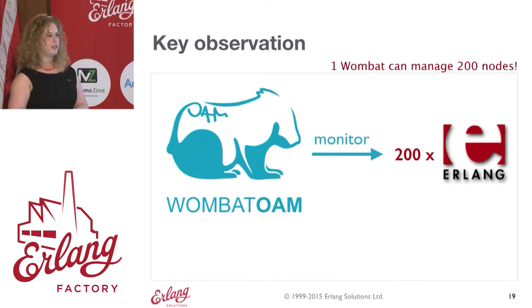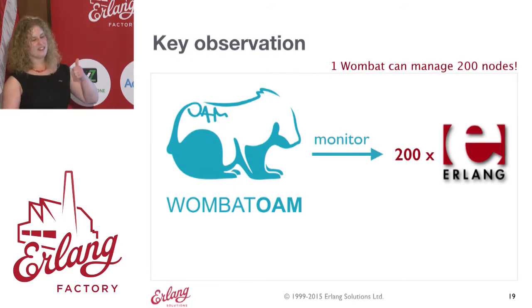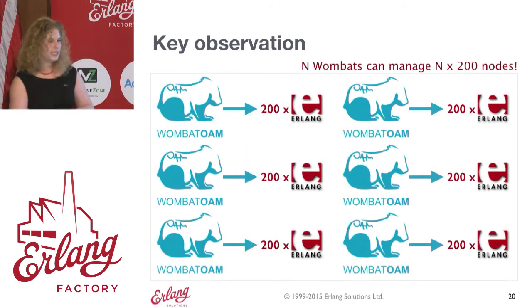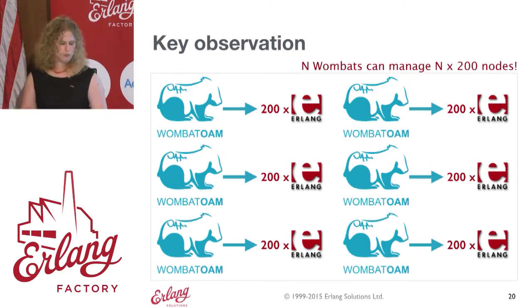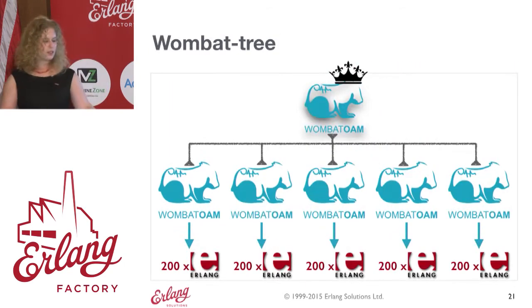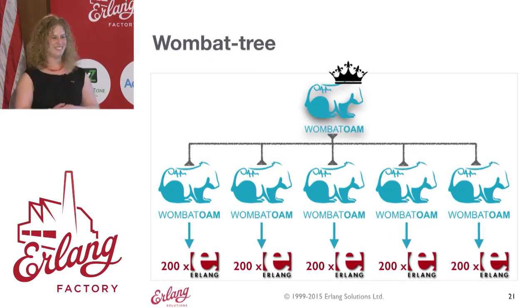Re-architect Wombat. Here comes the key observation. Grab your popcorn. One Wombat can manage 200 nodes. Then 6 Wombats can manage 1,200 nodes. Okay, but they are separated from each other. What to do? Well, let's build a Wombat tree. Why not?